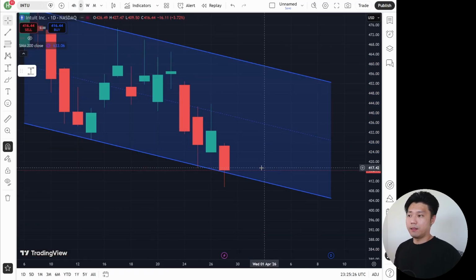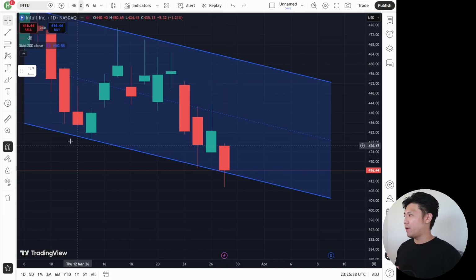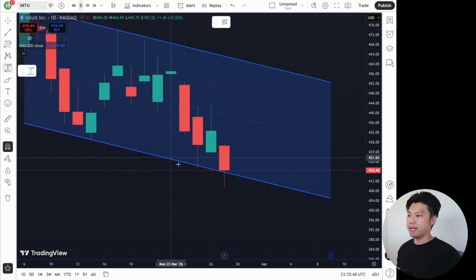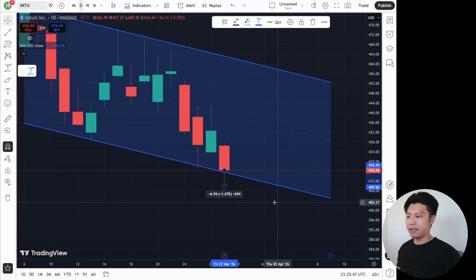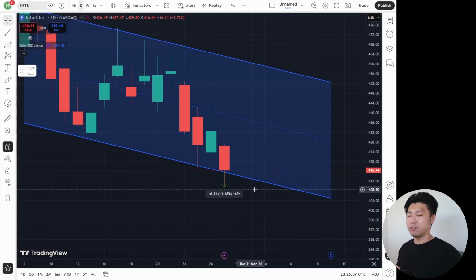If you look at the lower side of the parallel channel, in particular this candle over here on Friday, 27 March 2026, what I'm going to predict in the short term is that there is a close level here, and then all the way to the lowest of the candle is about 1.67%, and that is something I'm looking at for a short-term swing trade.